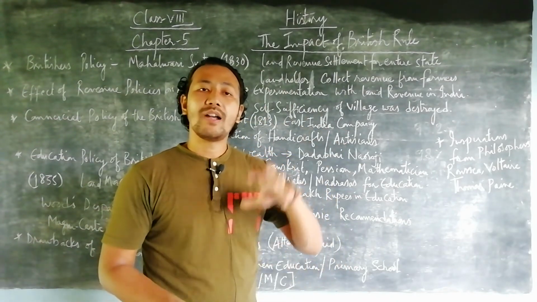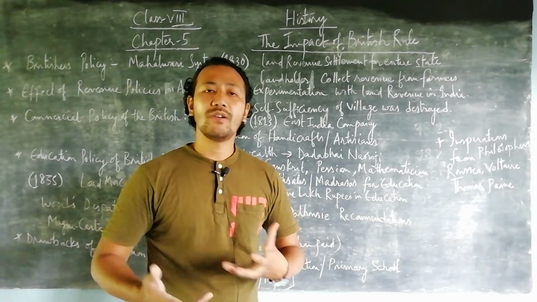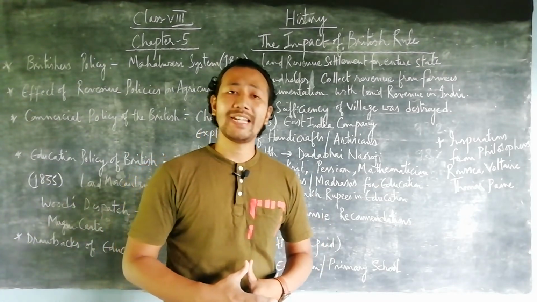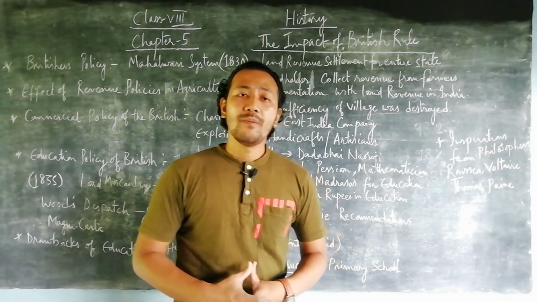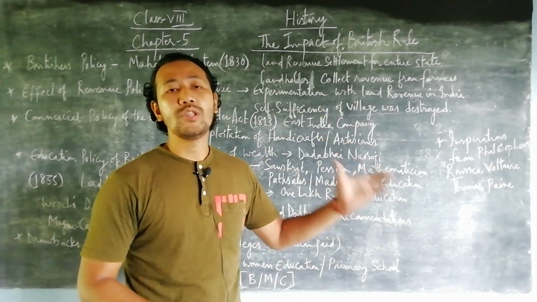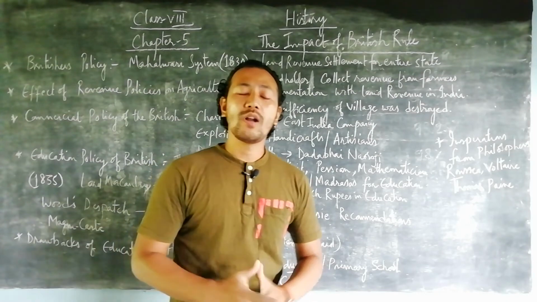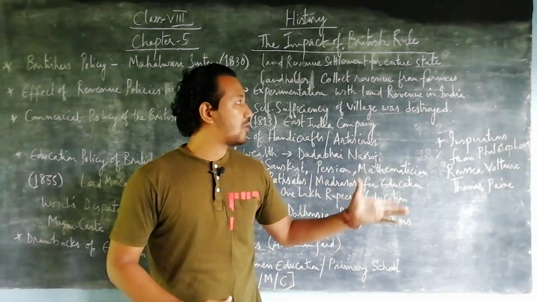But as they were under the Britishers, they had to take lots of steps in order to stay away from the Britishers' policies, which would make India a very poor and weak country.